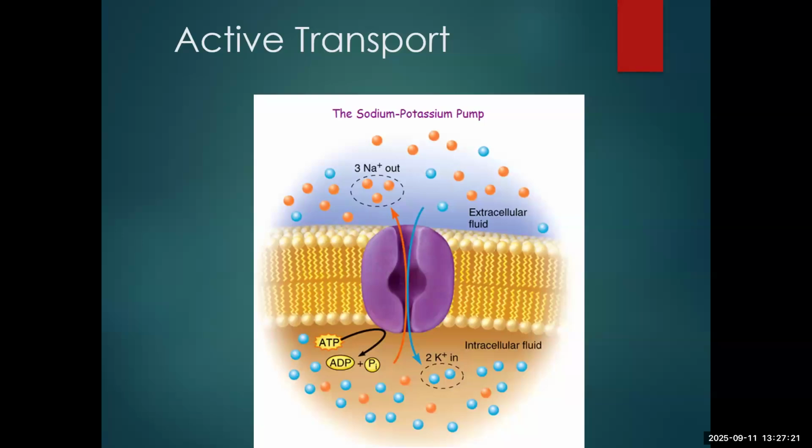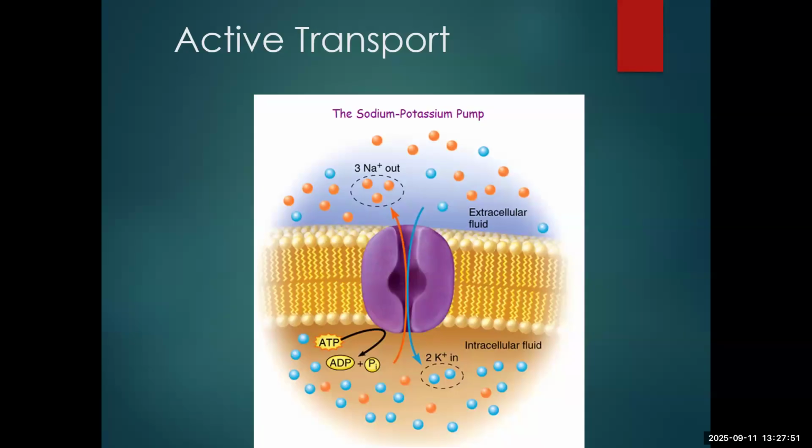Two that you should know, that you should be able to recognize, are sodium and potassium. Those are notations that we use all the time in both anatomy and physiology.